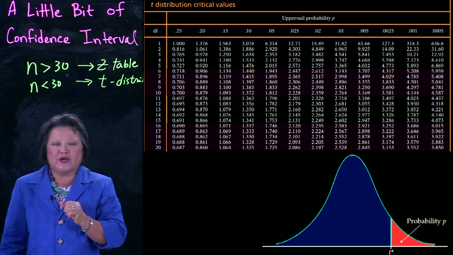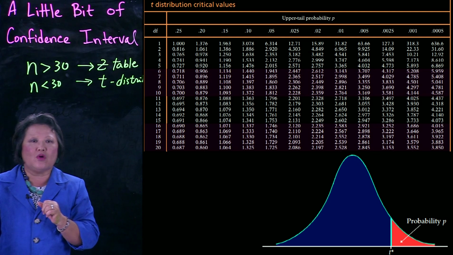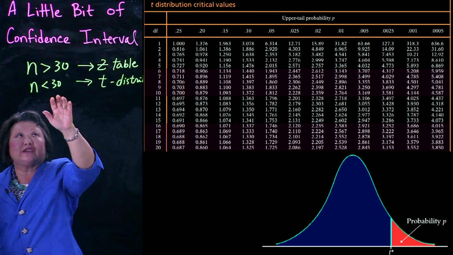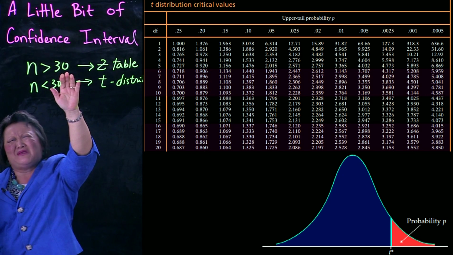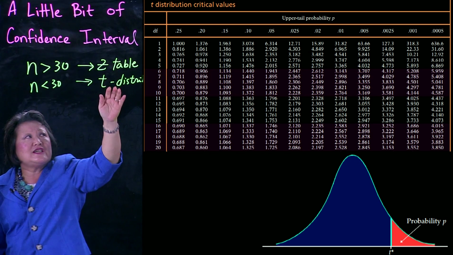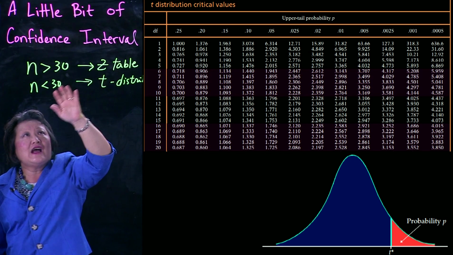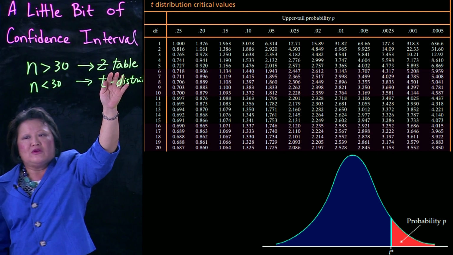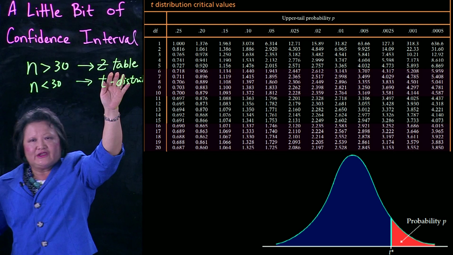How do we know whether to use the t-value table or the z? Remember this n equal to 30. When your sample size is larger than 30 or maybe equal to 30, that's all debatable, you use a z table, you can get away with that. The t-table distribution approaches the z as n gets bigger. So n larger than 30, use a z table, which does not care what the sample size is.